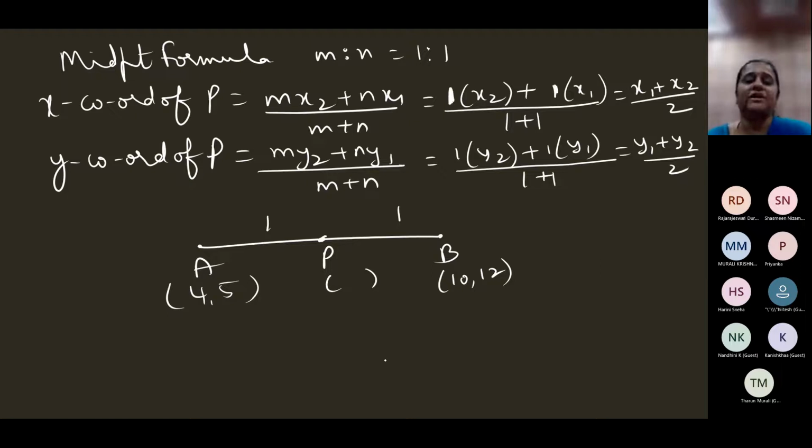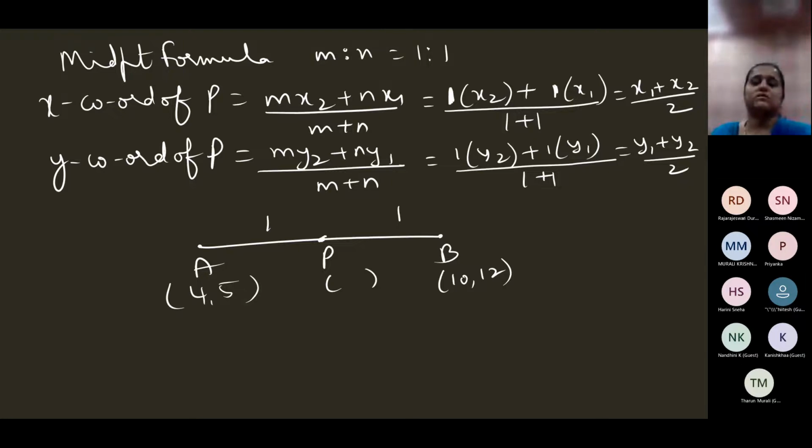So the y coordinate of P is y1 plus y2 by 2. The x coordinate of P is x1 plus x2 by 2, and the y coordinate of P is y1 plus y2 by 2, wherein P is the midpoint of AB. P divides AB internally in the ratio 1:1.